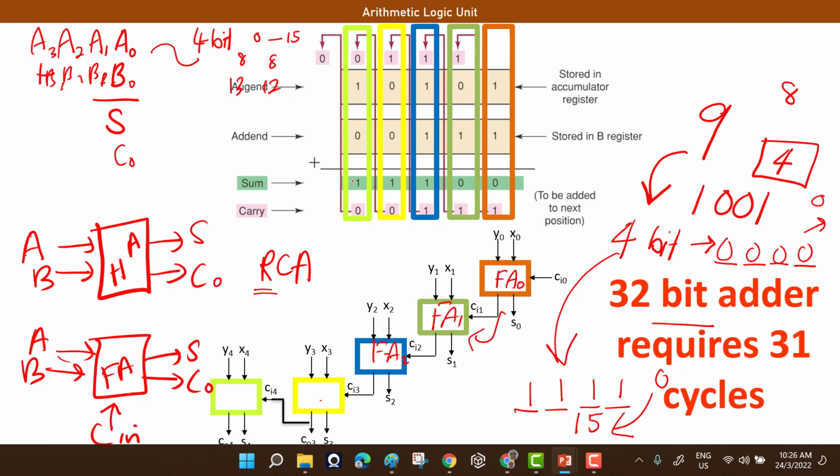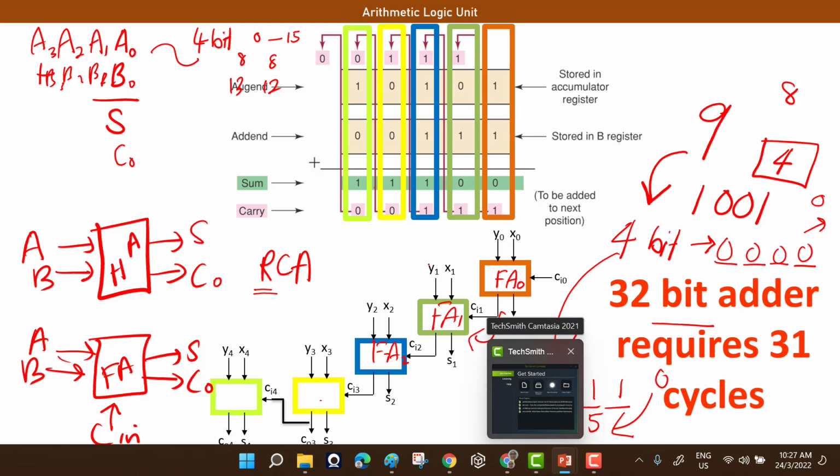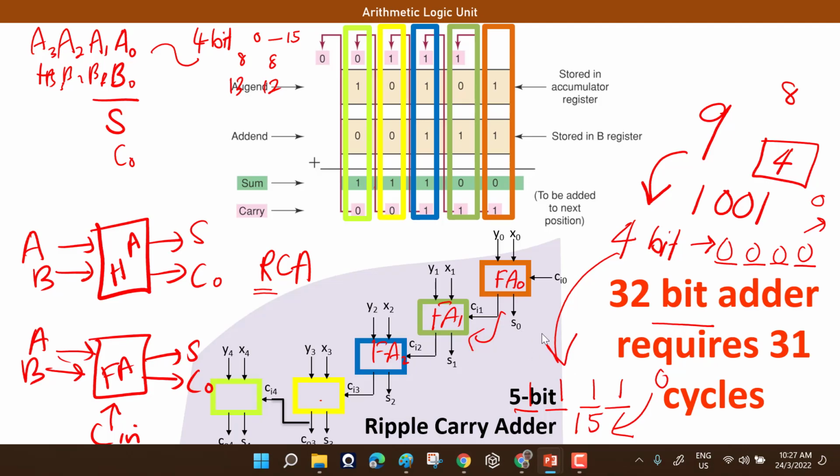However, this simple execution comes with a drawback, whereby the more bits you want to handle, the bigger the rippling effect incurred. As mentioned here, if you have 32-bit adders, it requires at least 31 cycles.